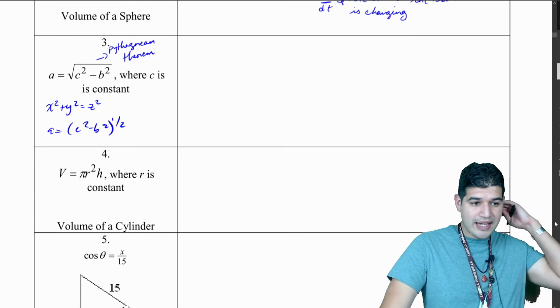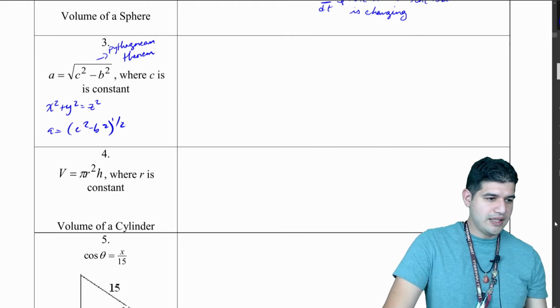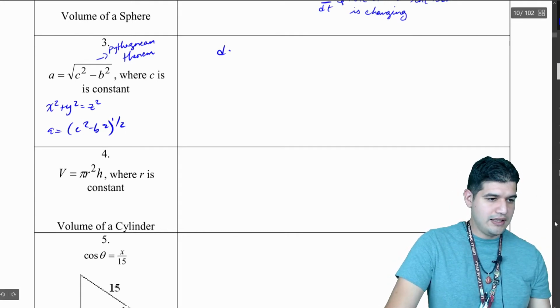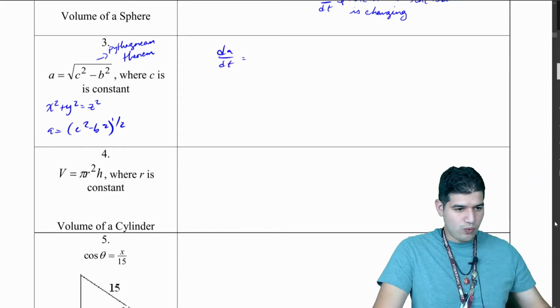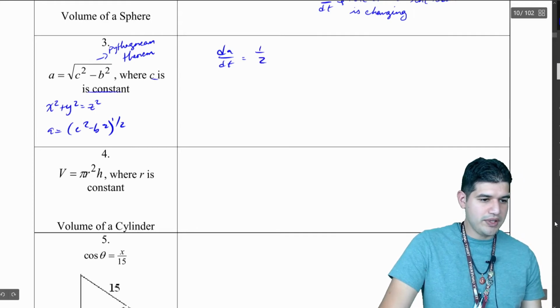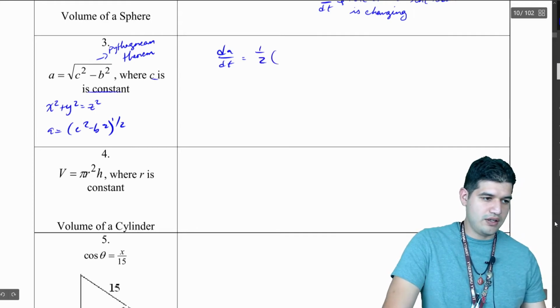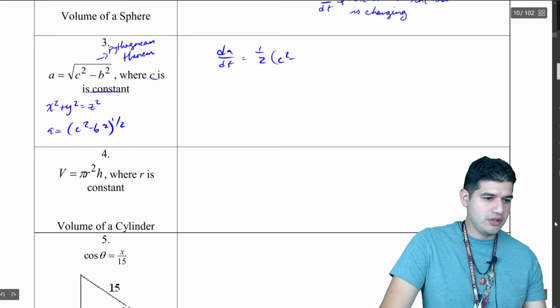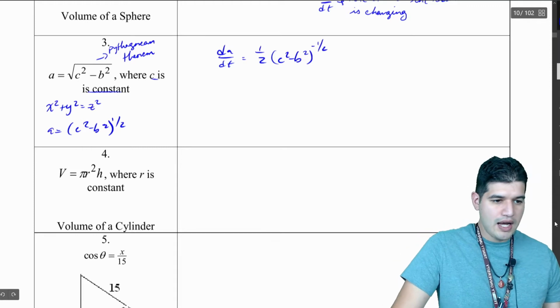When we take that derivative, I'm going to get dA dt equals, bring that 1/2 down. Now c is going to be a constant, so we hold on to the inside, c squared minus b squared to the negative 1/2.